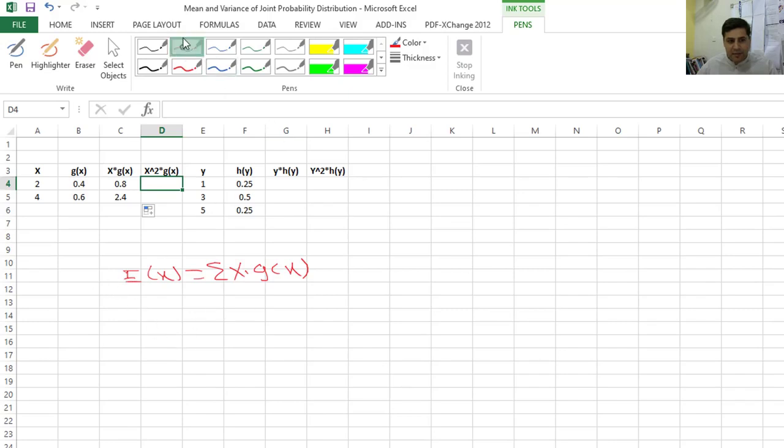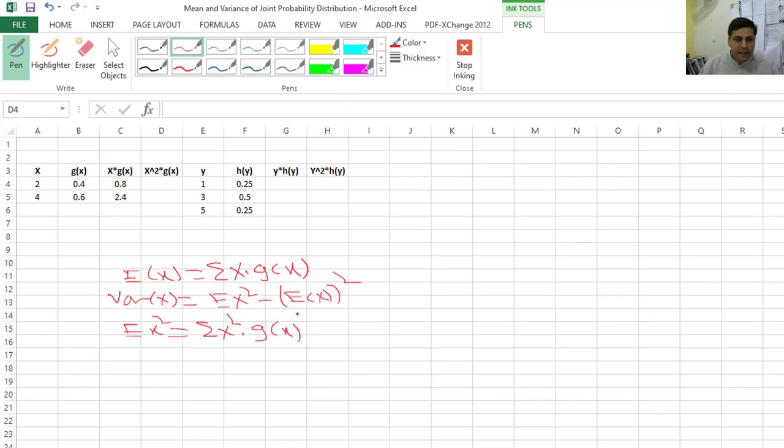The variance of x formula is Ex square minus Ex whole square. And you know that Ex square is equal to summation x square into Gx.